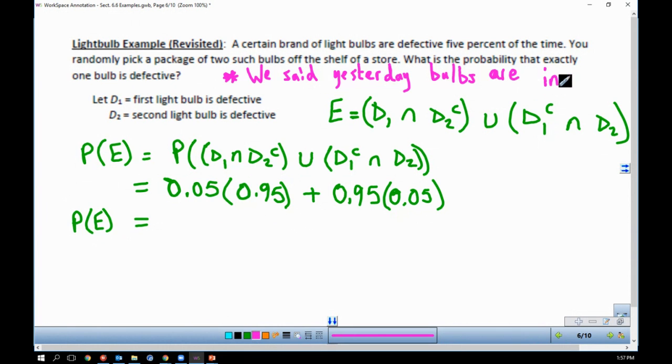Sorry, independent, not dependent. So what would you get if you calculate that? 0.095.